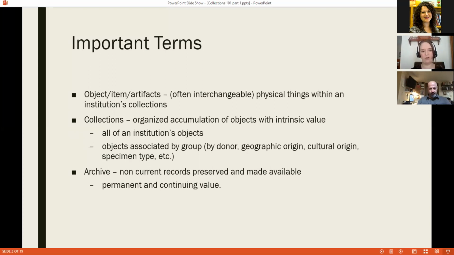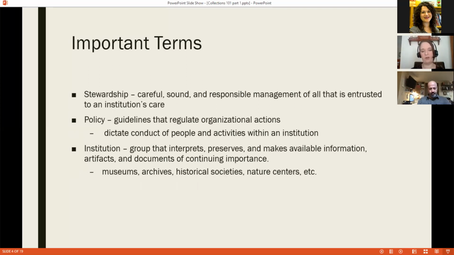We also have stewardship. This is the idea of careful and sound management. You're caring for items that are entrusted to your care, and the public is trusting you to keep these things in perpetuity.